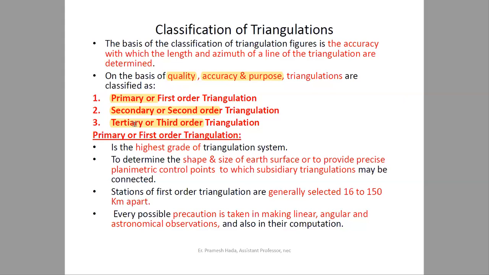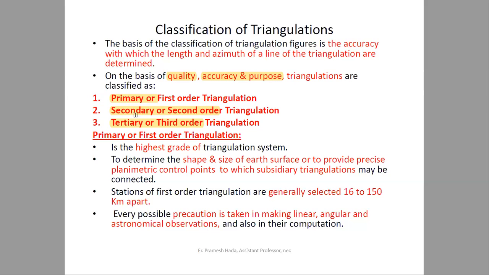And every possible precaution is taken in making linear, angular and astronomical observations. We take every possible precaution to minimize the error and to reduce the fluctuations of values.